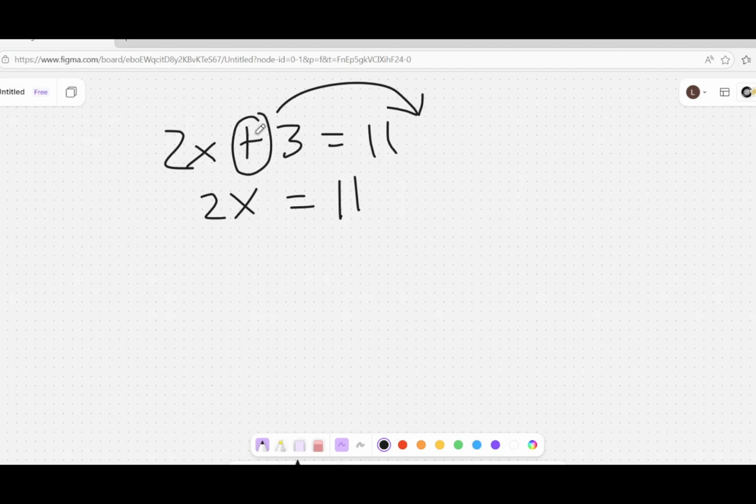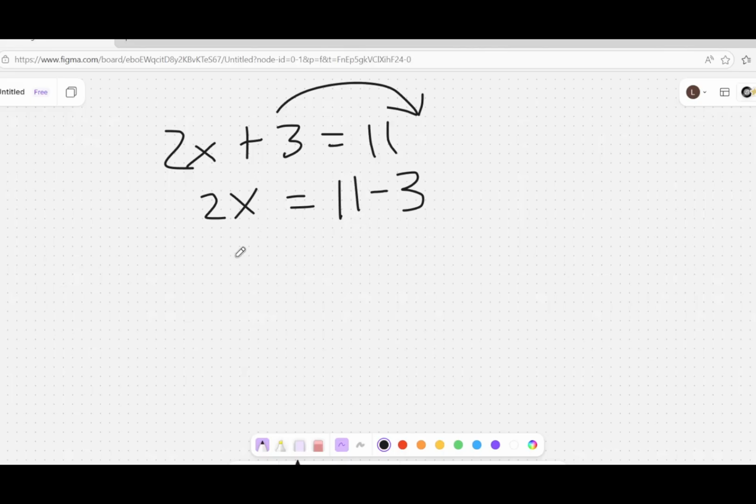In this one we have a positive sign, so if we transpose it, the value will be -3. We change the sign from positive to negative and vice versa. If this were transposed to the left side, it would be positive. But for now, we're transposing the +3 to the right side.